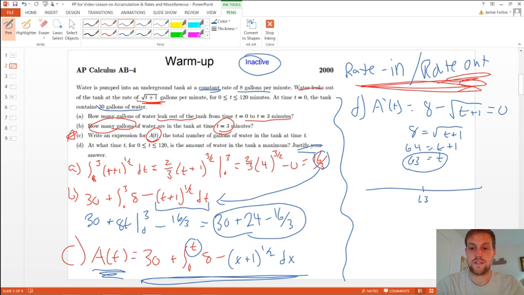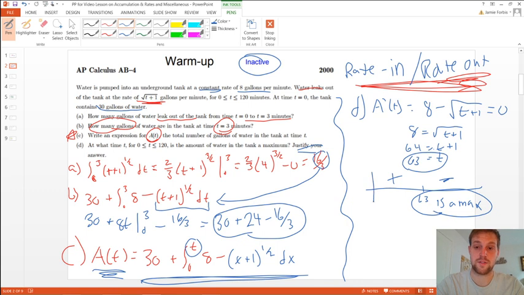Say I plug in like 3, the square root of 3 plus 1 is going to be a positive value, so A prime is positive. And anything greater than 63 is going to make it 8 minus a bigger number than 8, which is negative. So, by the first derivative test, 63 is a max. There's your justification.